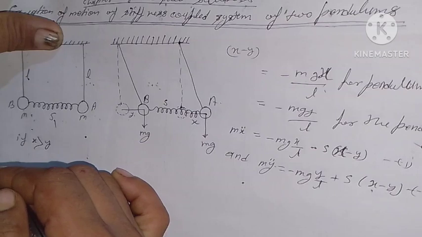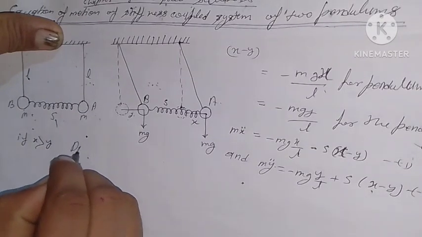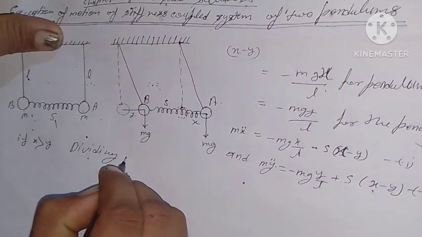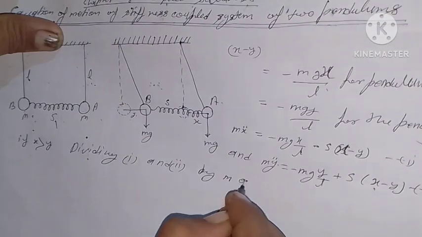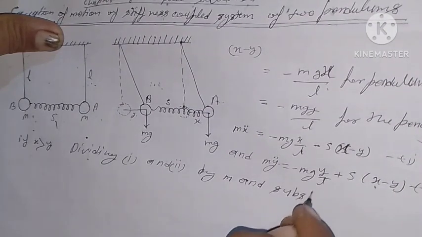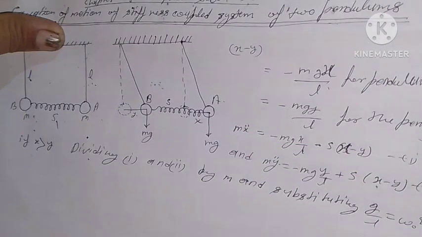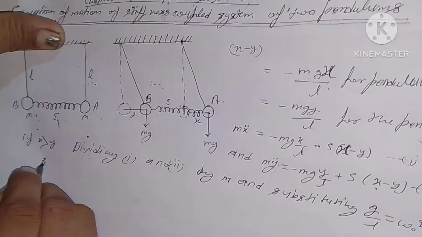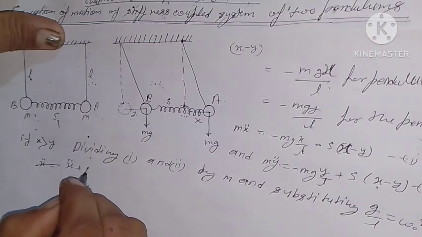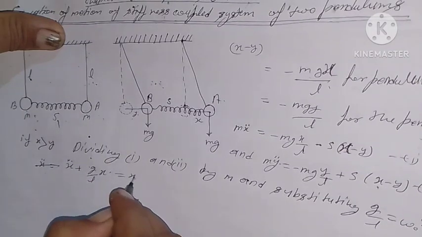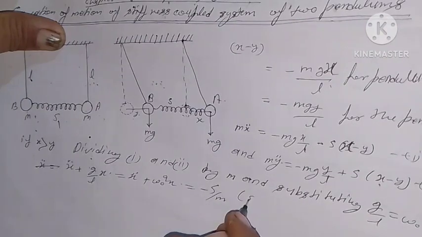Dividing equation number 1 and 2 by m, and substituting g by L equal to omega naught square, we have d²x/dt² plus g by L x, equal to d²x/dt² plus omega naught square x, equal to minus s by m (x minus y).